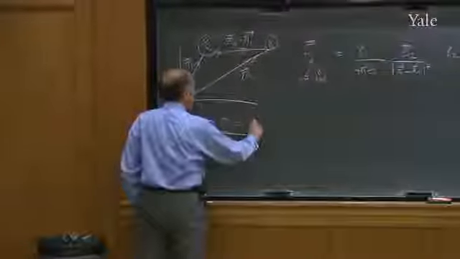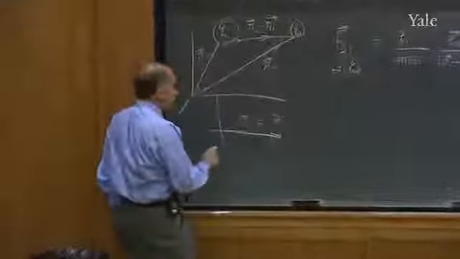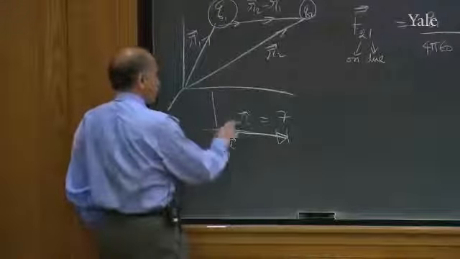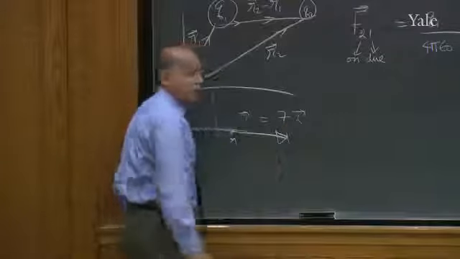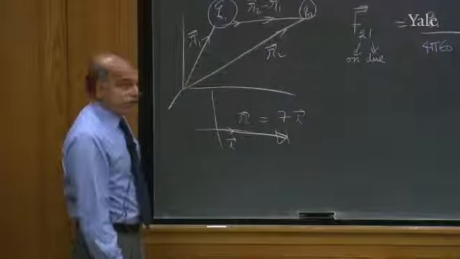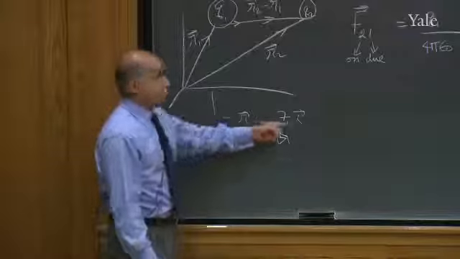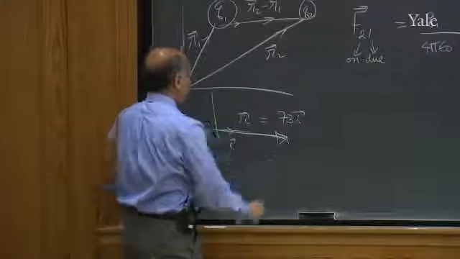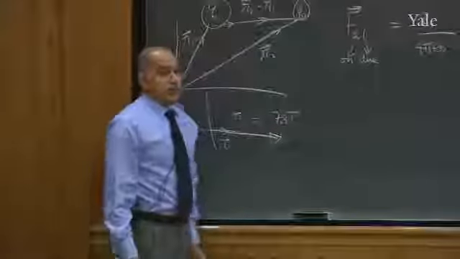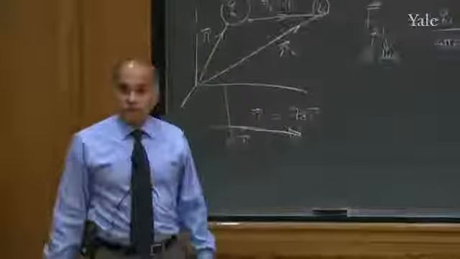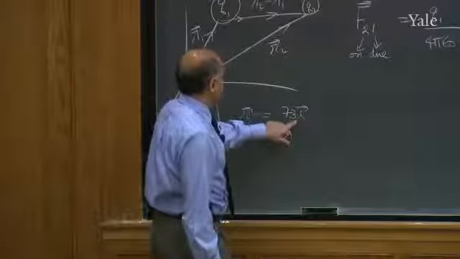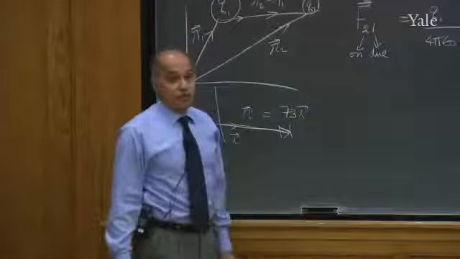I cannot write r equal to 7 because that doesn't tell you which way it's pointing. So invent a vector called i, which is a unit vector in the x direction, and I multiply it by that. So 7i is a vector parallel to i and 7 times as long. 7.3i is a vector parallel to i, 7.3 times as long. Okay? So you need to add a vector of unit length to the magnitude, multiply it to get the actual vector. So that's that formula.